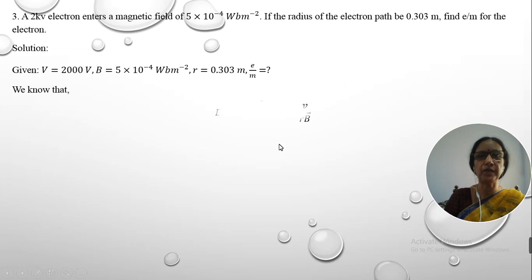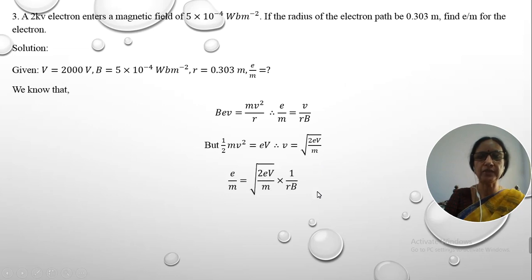Reduce this formula to e by m. Keep e/m on the left hand side itself and take this m and cross multiply it, you will get v by rB.